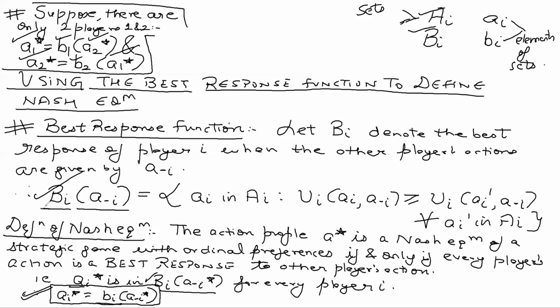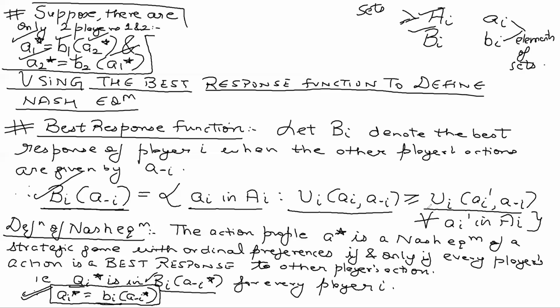So B_i as a function of A_minus_i is the set of all a_i lying in the capital A_i set, such that the payoff of player i from a_i, A_minus_i, is greater than or equal to the payoff of player i from some other action a_i dash lying in capital A_i, comma, A_minus_i.